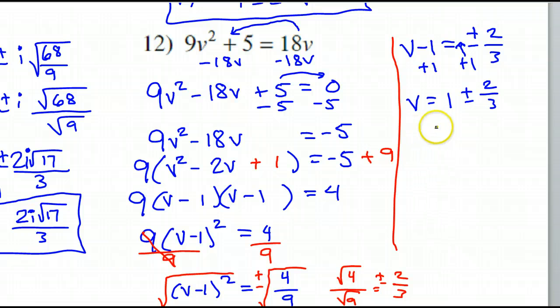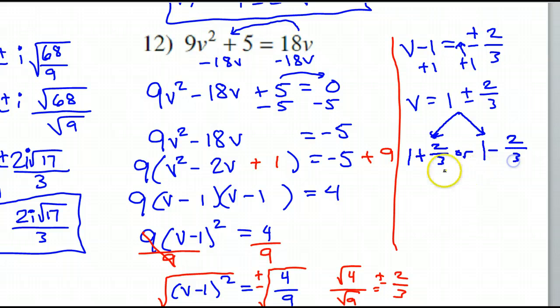So please understand that what we have here, if we split up the plus or minus, we have 1 plus 2/3 or 1 minus 2/3. Those are the two solutions.